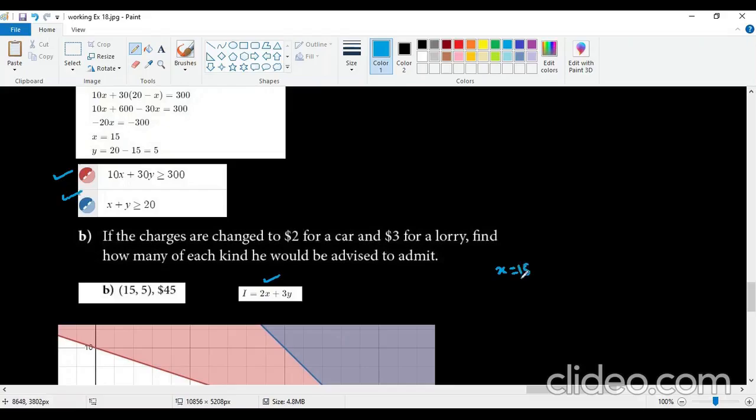Substituting this into the given equation, 2x plus 3y, x is 15 and y is 5, so this gives us 30, and 3 times 5 is 15, so 45 is your required answer.